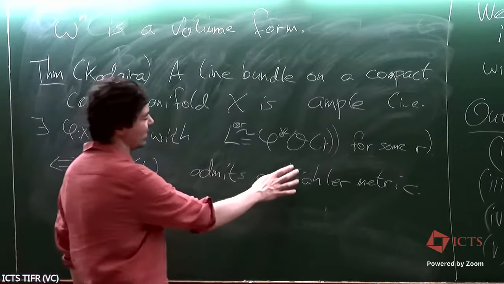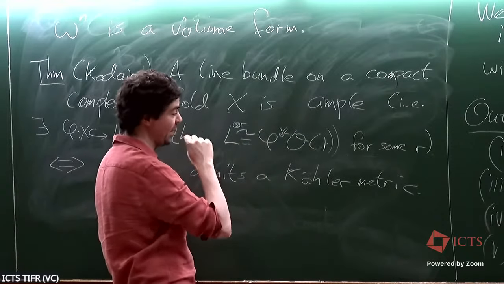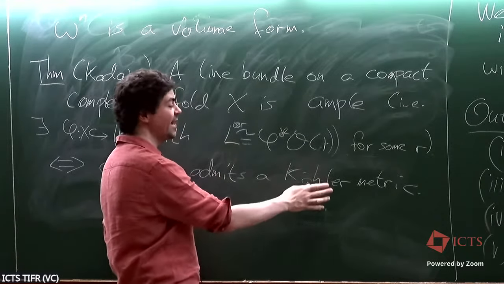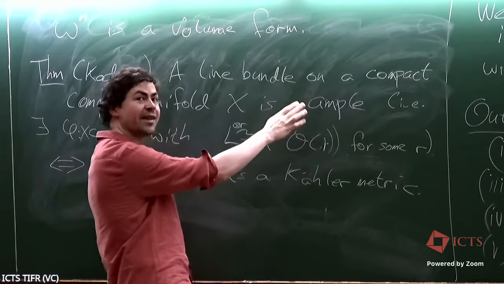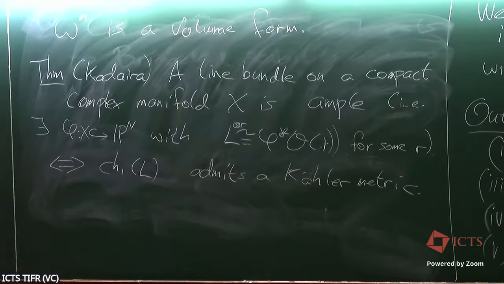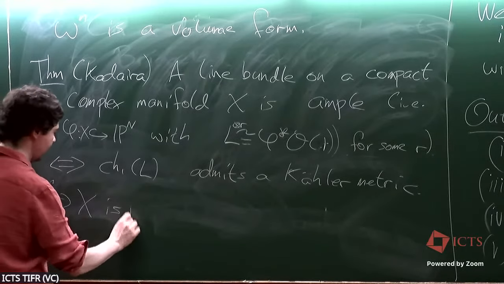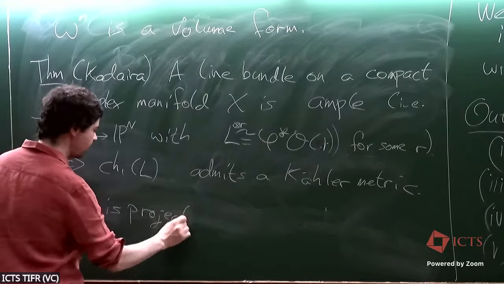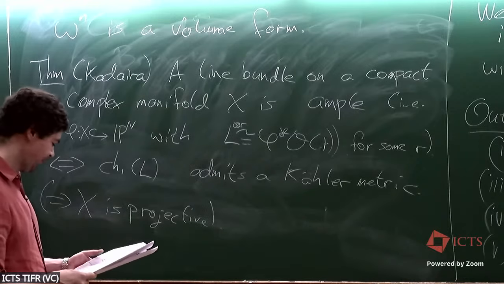This is really saying that the positivity condition in differential geometry is matched by that in algebraic geometry. When I'm choosing a Kähler metric, cohomologically, you should imagine I'm choosing an ample line bundle. But I don't really need to restrict myself to projective varieties to make sense of this. In particular, this all implies that X is projective. So once I can find a Kähler metric in the first Chern class of a line bundle, I must be projective.